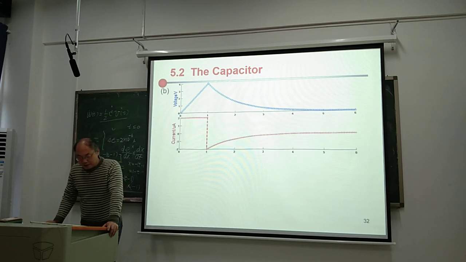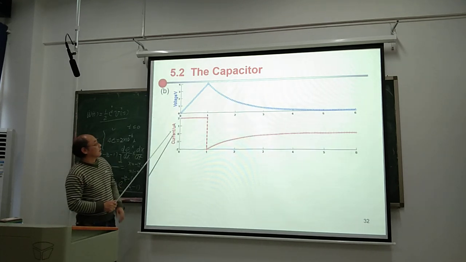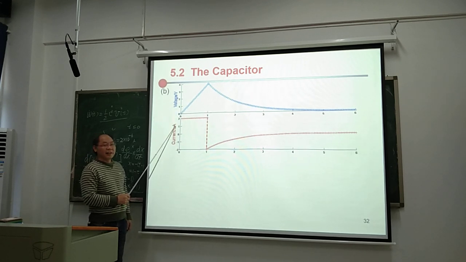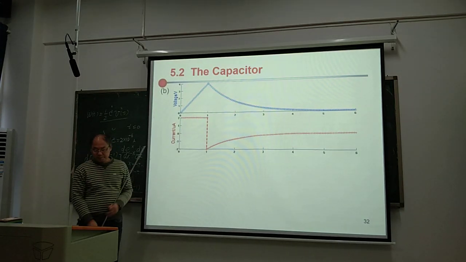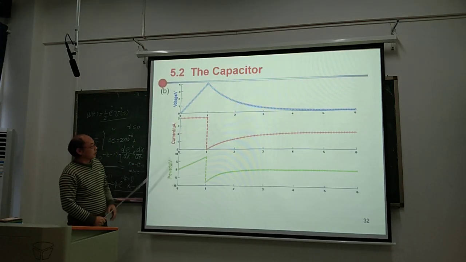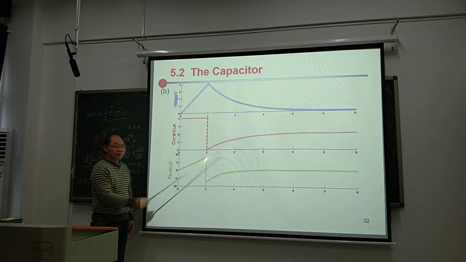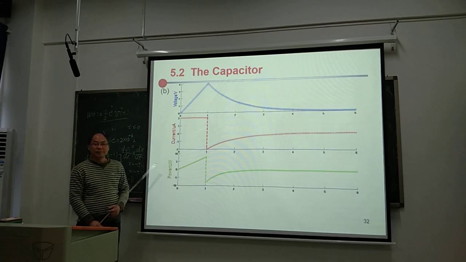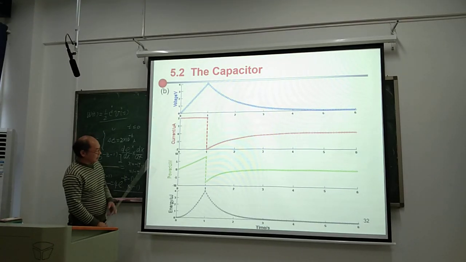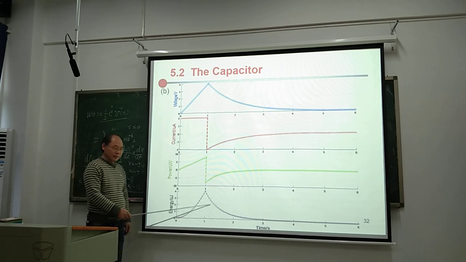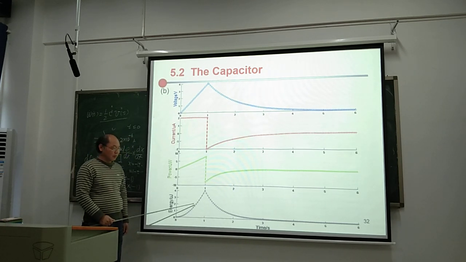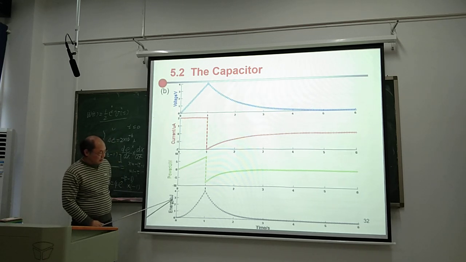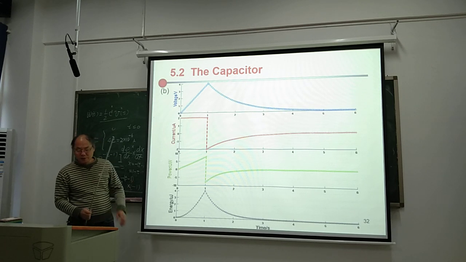And this is the current, and its unit is microamp. And this is power in green marks, and this is microwatt. And the next is the energy, and this is in microjoules.